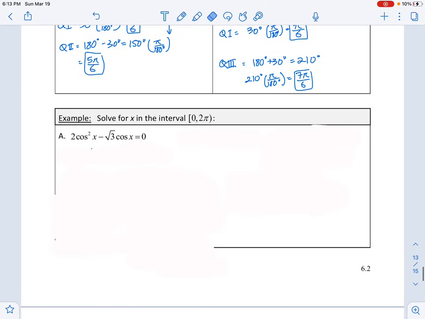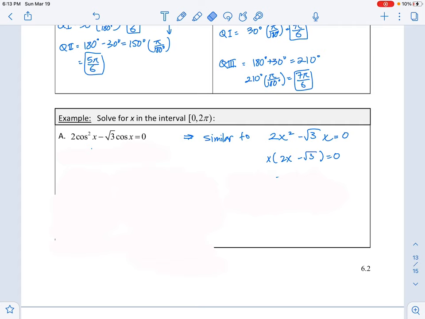In this example, this one is going to be a quadratic, and it might not look like it, but this is very similar to the algebra review we had at the beginning of the notes. It is similar to something like 2x squared minus root 3x equals 0.